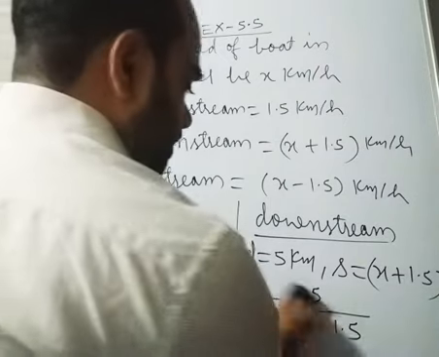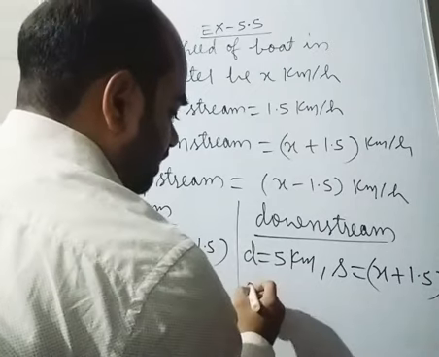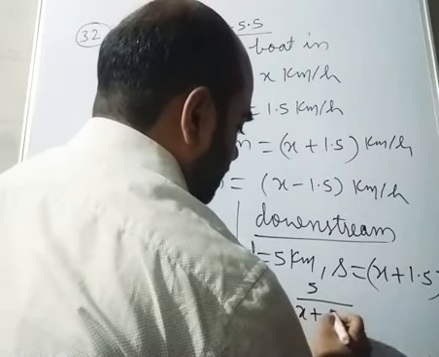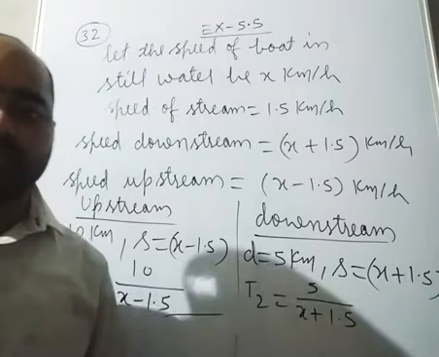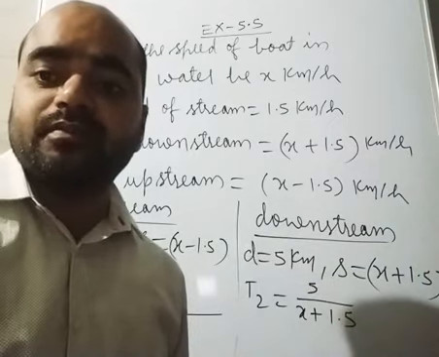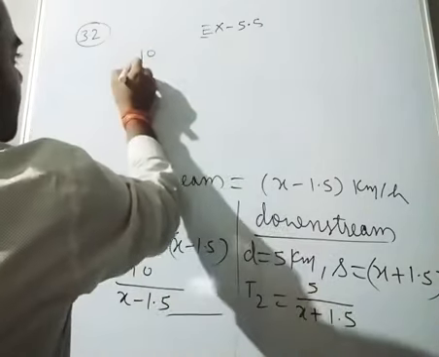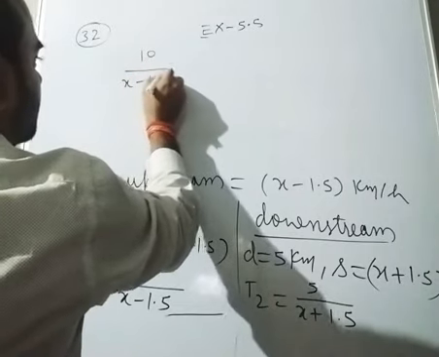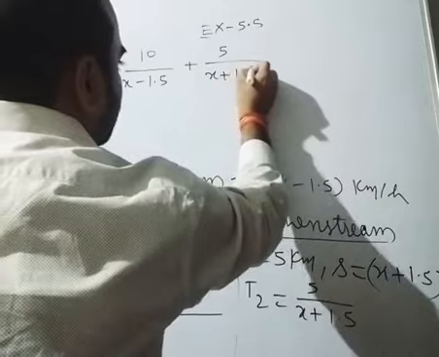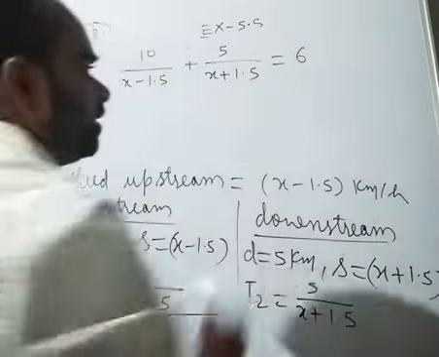Now total time means 10 upon x minus 1.5 plus 5 upon x plus 1.5. This is the total time and this is given as 6 hours.